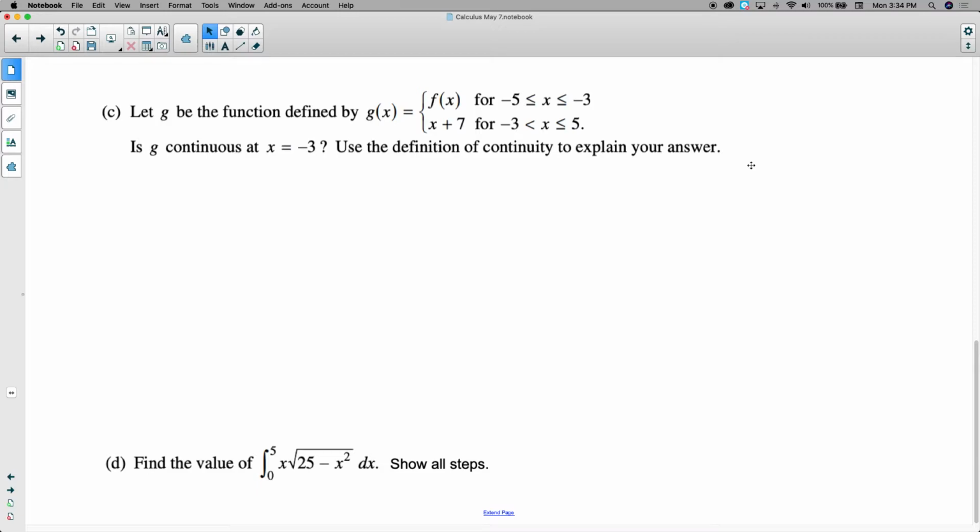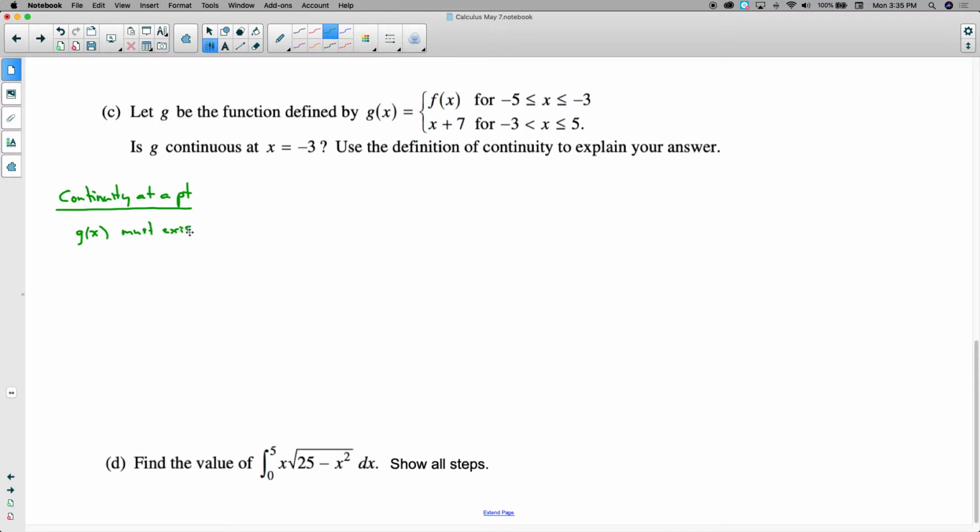Okay, so to find continuity at a point, here's what you need. This is essentially the definition of continuity at a point. First, the function at that point must exist.